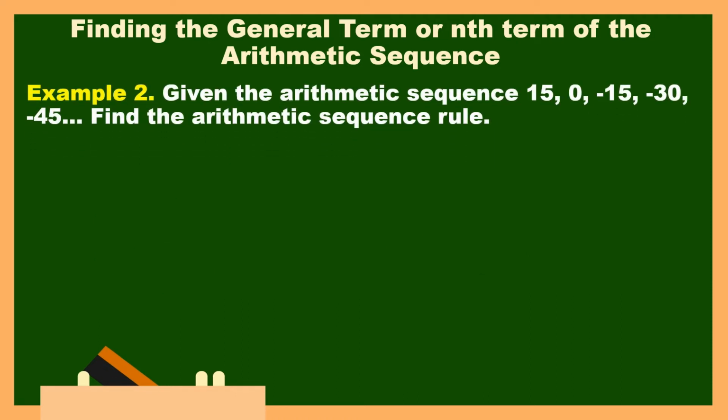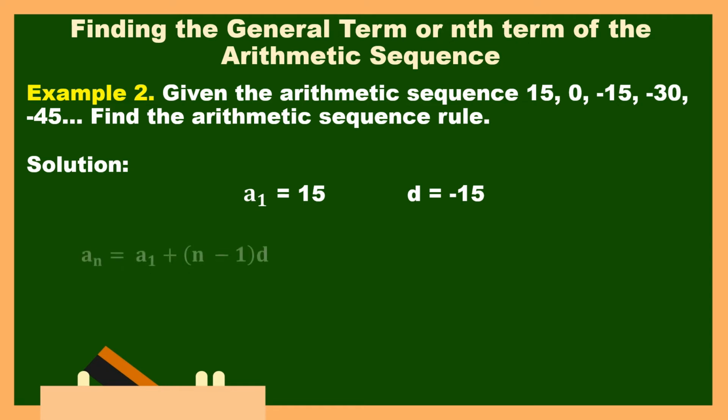Given the arithmetic sequence 15, 0, negative 15, negative 30, negative 45, and so on, find the arithmetic sequence rule. So, ang una nating gagawin ay identify ang value ni a sub 1 or the first term and the common difference. So, dito sa ating given arithmetic sequence, ang ating first term ay 15 at ang common difference ay negative 15.